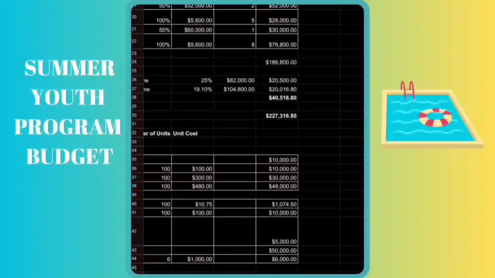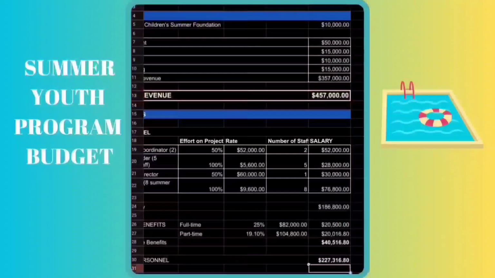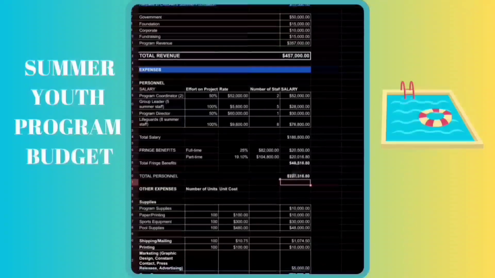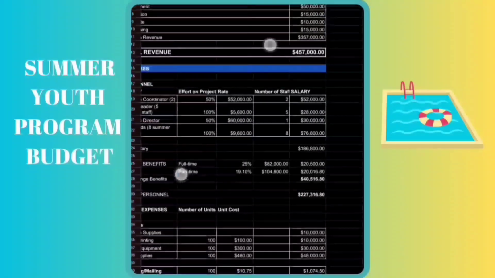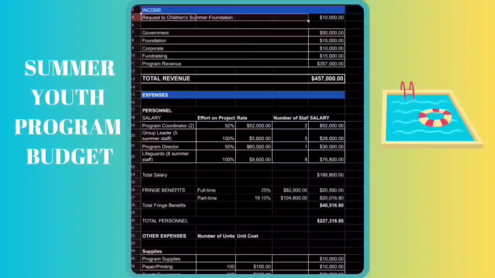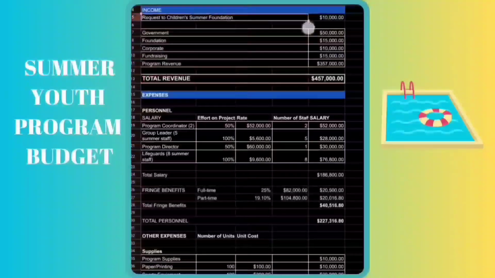We're adding some more borders around the major cells. Adding thicker borders right now. We're merging some cells again.